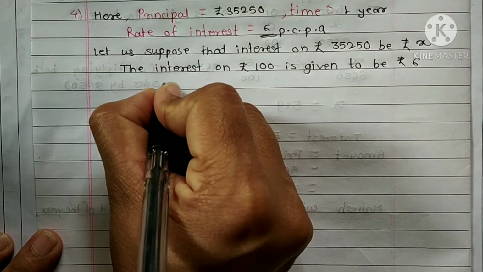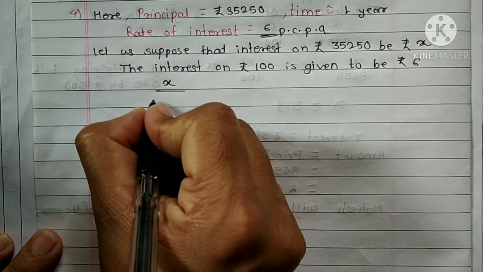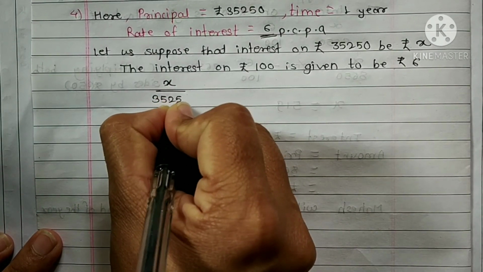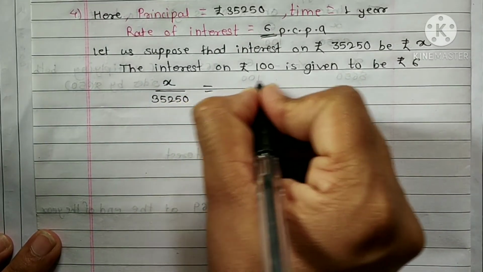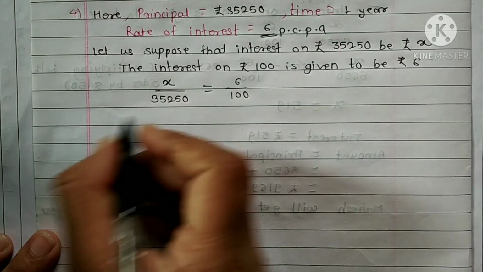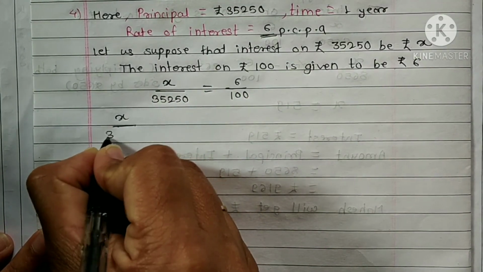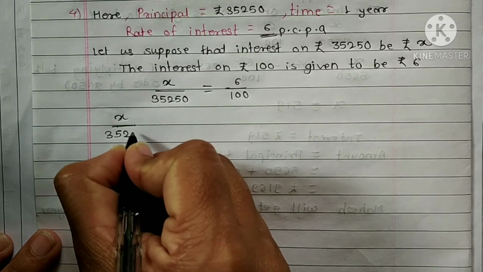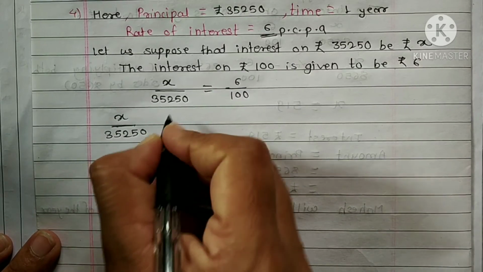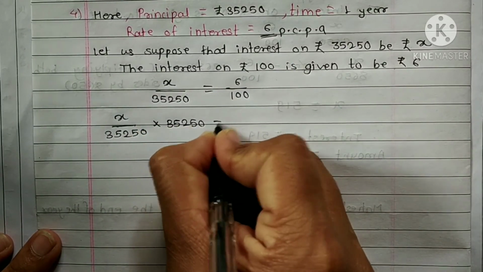So interest on rupees 35,250 be X. So X upon 35,250 equal to interest on rupees 100 be 6 upon 100. Now simplify this. To calculate value of X, first remove 35,250 by multiplying 35,250 on both sides.